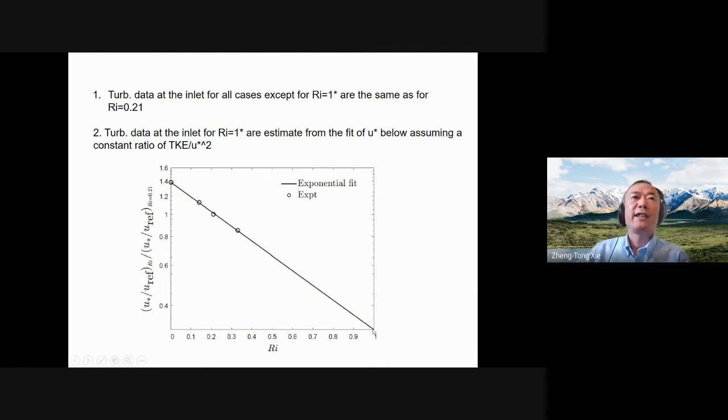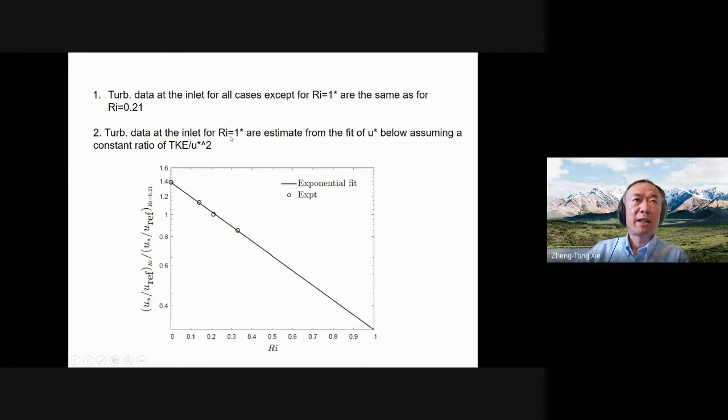Based on that, we can estimate the TKE, the turbulence shear stress, and the turbulence normal stress, and then generate the turbulence at the inlet for Richardson number 1.